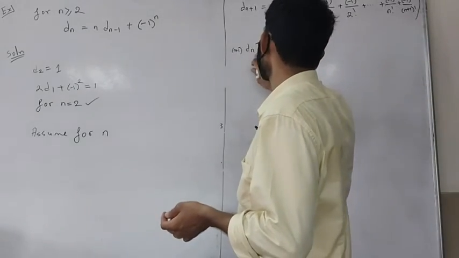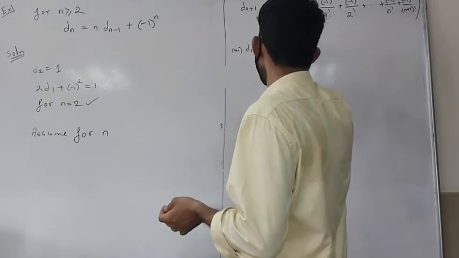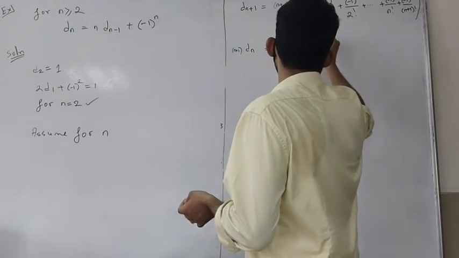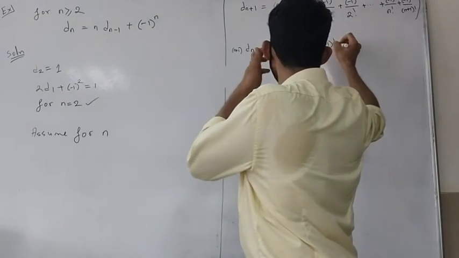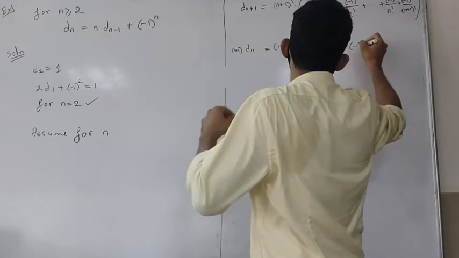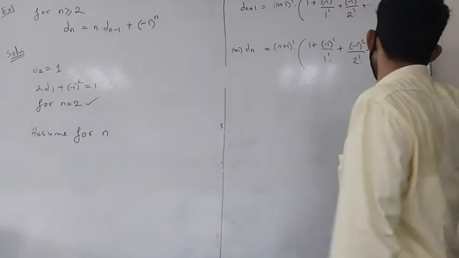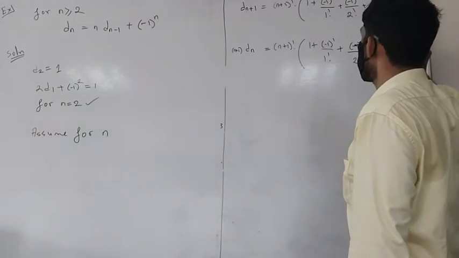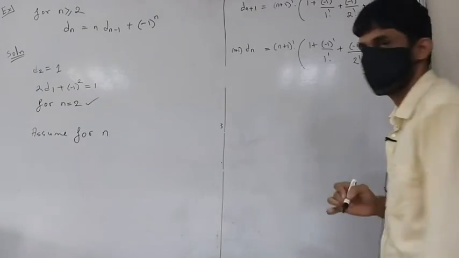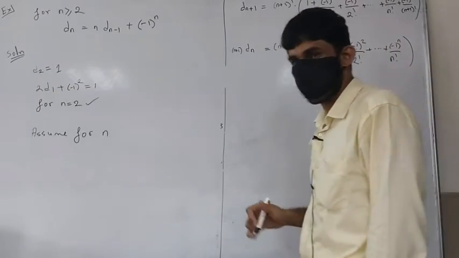So n plus 1 times dn, you will have n factorial times n plus 1, so that will give us n plus 1 times n plus 1 factorial into 1 plus minus 1 raised to 1 upon 1 factorial, upon 2 factorial, plus up to minus 1 raised to n upon n factorial. This is all you have here, right? You just subtract this, you've got your answer.